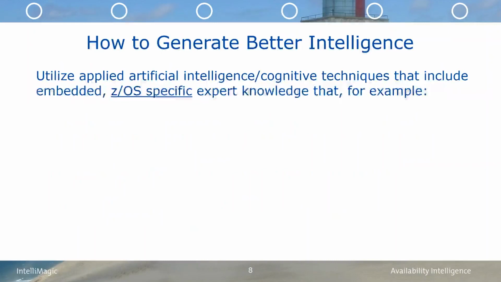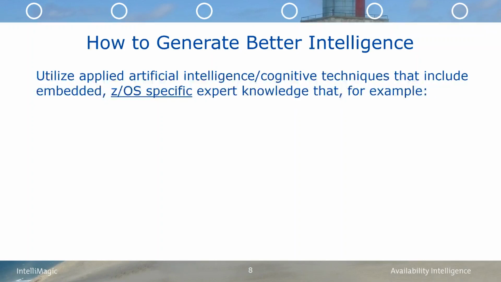The thing that makes what we're doing different is applying some techniques. This is important to point out because there's a lot going on in the AI area these days. Most of the solutions out there in what you might call the IT operations analytics area, ITOA, are leveraging statistical analysis on the data to recognize anomalies, to see correlations in the metrics, and to try to identify problems that are already happening.